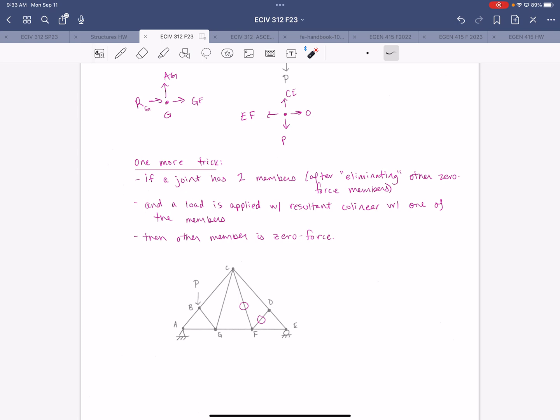And then, are there any others after that? So we can't do FE because the reaction force at E is not collinear with either of those two members. So this is actually it. It's just those two for this truss under this load scenario.